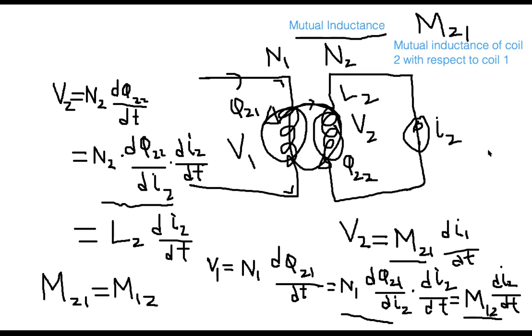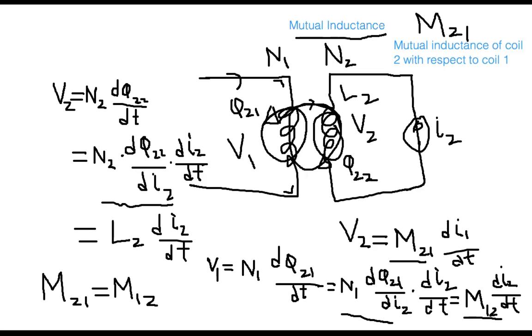So this means what we are looking at is the interaction between two coils, assuming that those two coils are placed nearby. There is no direct connection, but there is magnetic connection. Magnetically they are coupled.